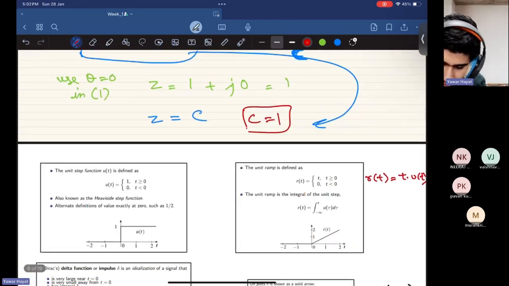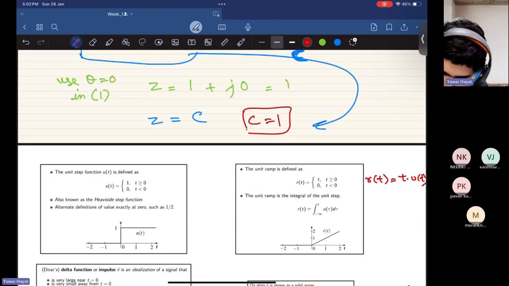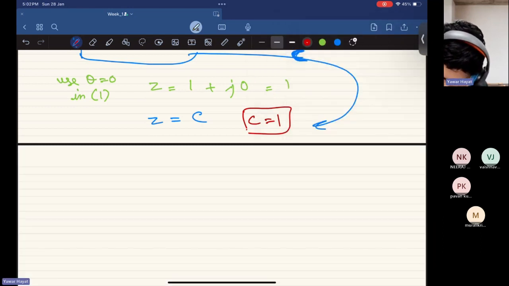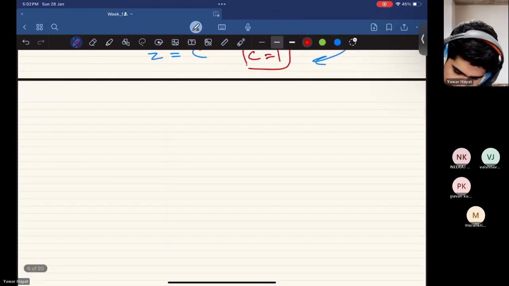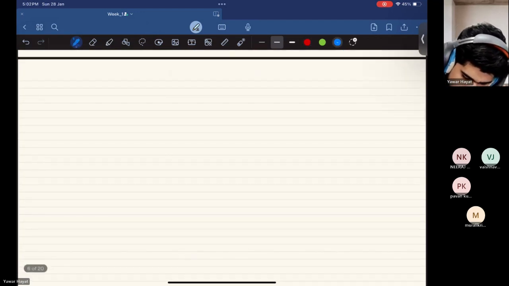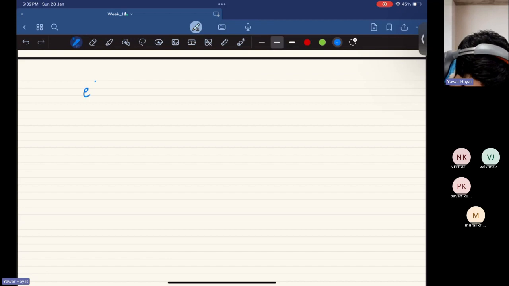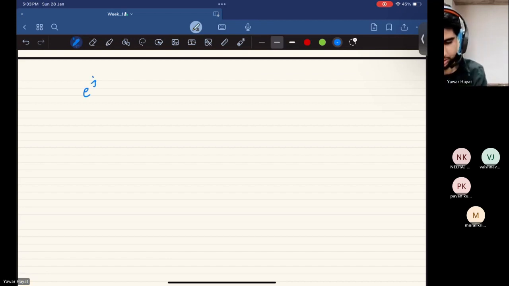Also, one last proof and then that's all from my side. So we just proved Euler's formula, e power jx is cos x plus j sin x.